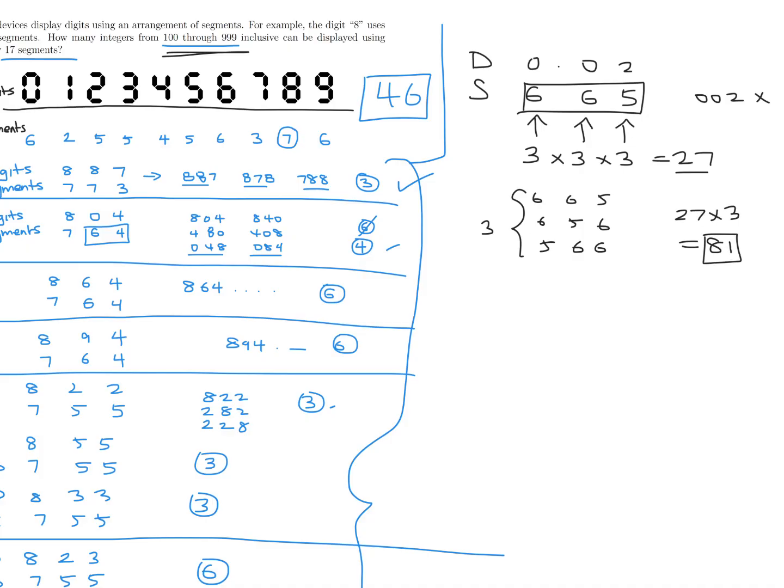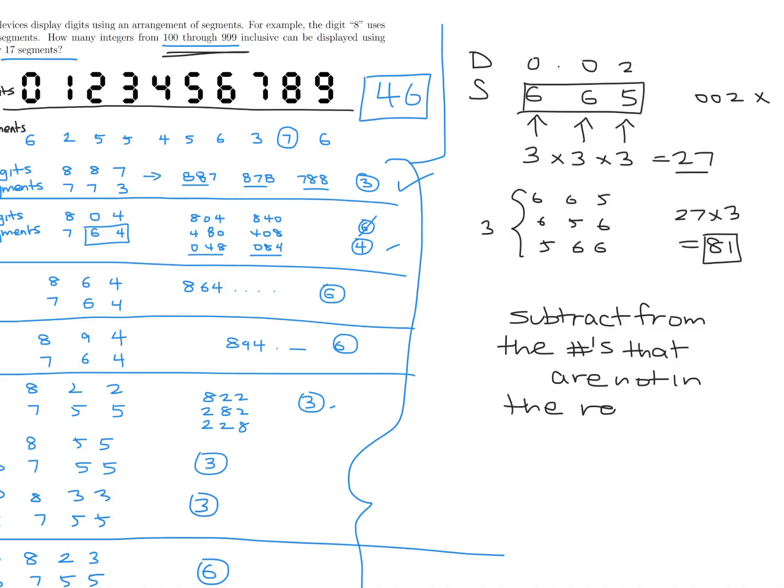So there's 81 possible additional numbers. But we have to subtract from that 81 the numbers that are not in the range. Where is it? 100 to 999.